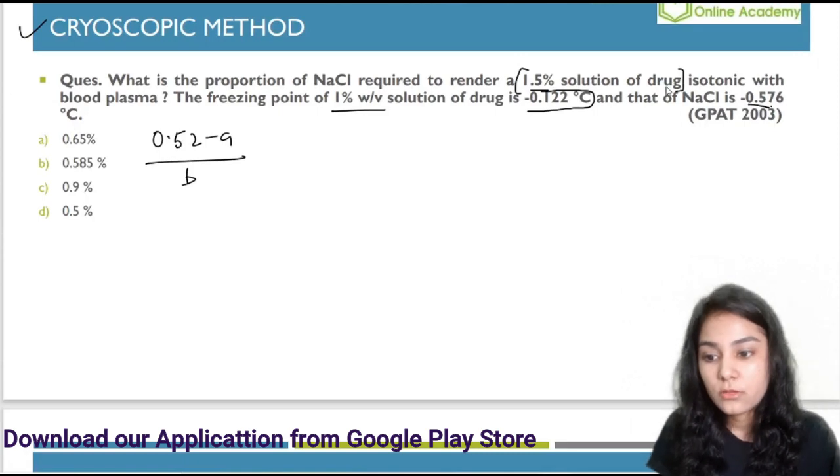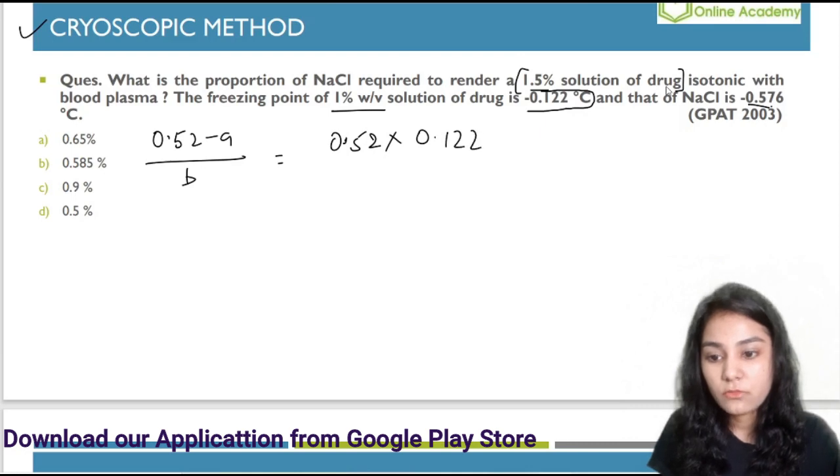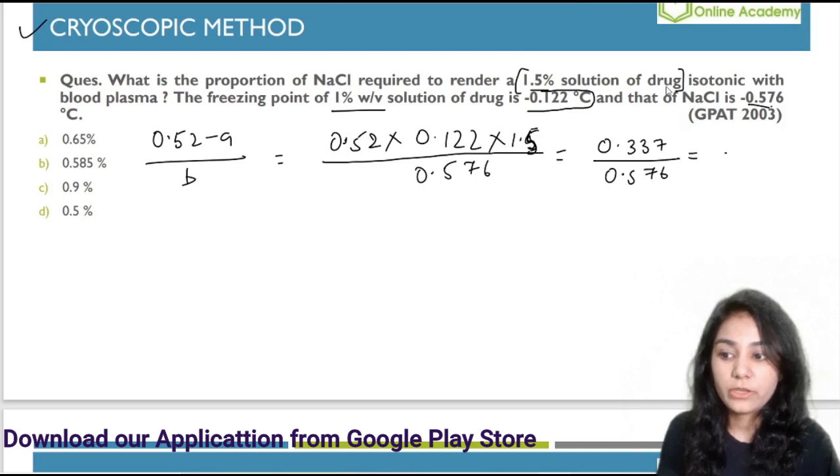So what we will do: 0.52 minus the value of A, which is 0.122 into 1.5, where 1.5 is the concentration, upon 0.576. So after the calculation, we have 0.585% as the correct answer. So option B is the correct answer.